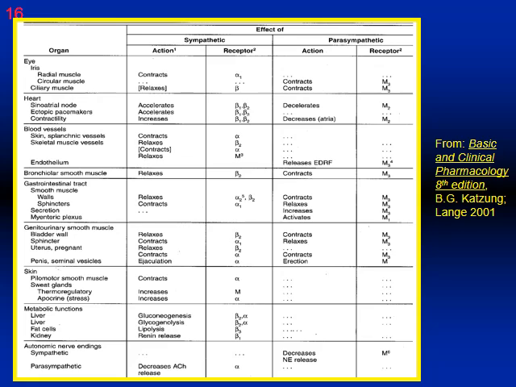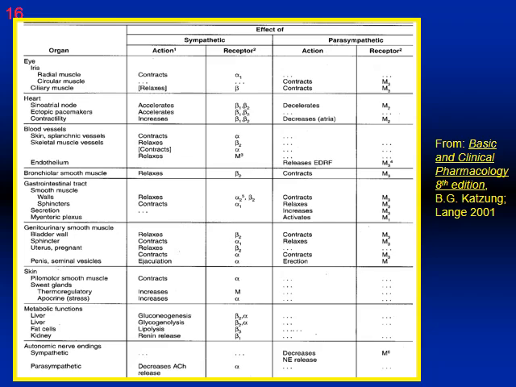So the endothelial cells, right? The endothelial cells, where are they? Well, that's an endothelial cell, and that's an endothelial cell, and that's an endothelial cell. And here's the smooth muscle beneath it. And here's the lumen. There's our blood vessel. And so those endothelial cells have M3 receptors on their surface.